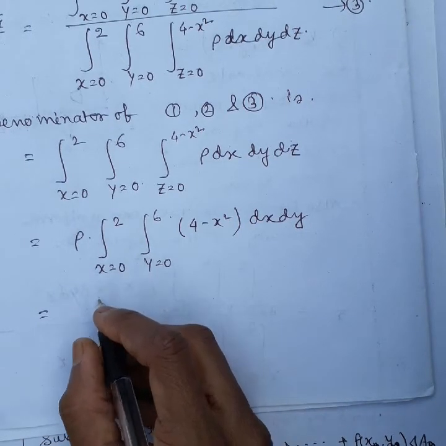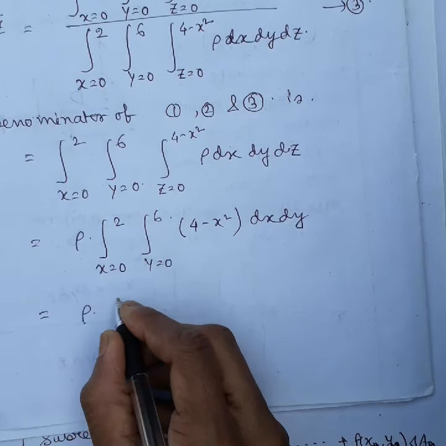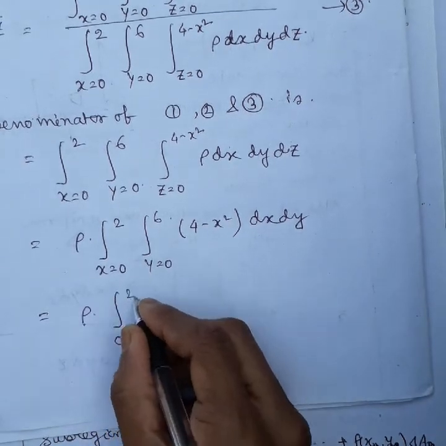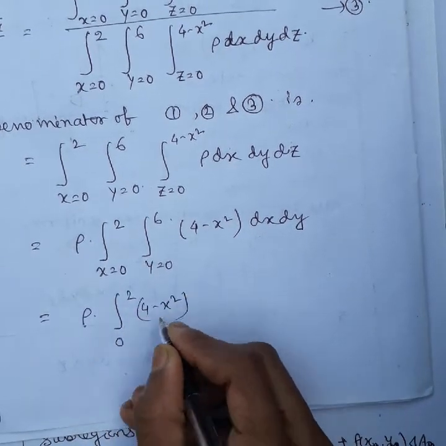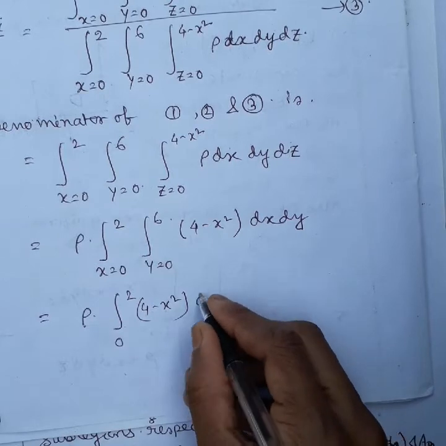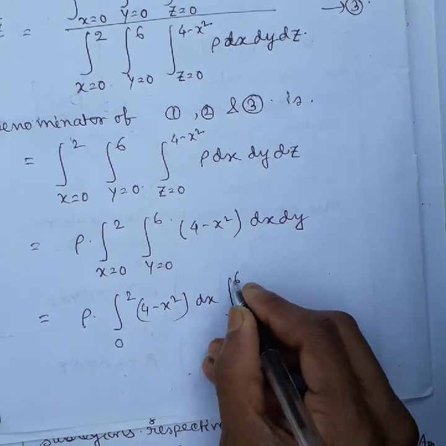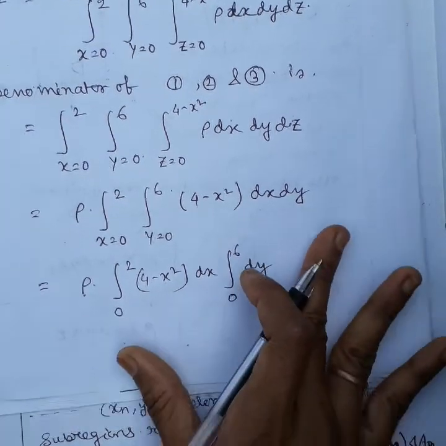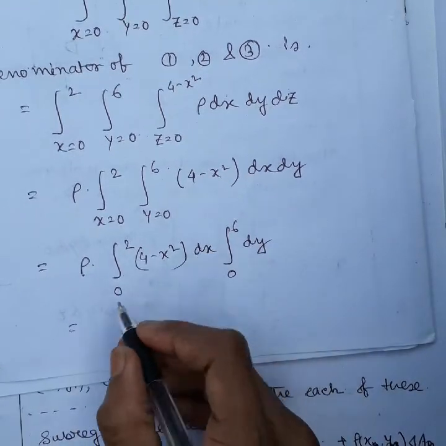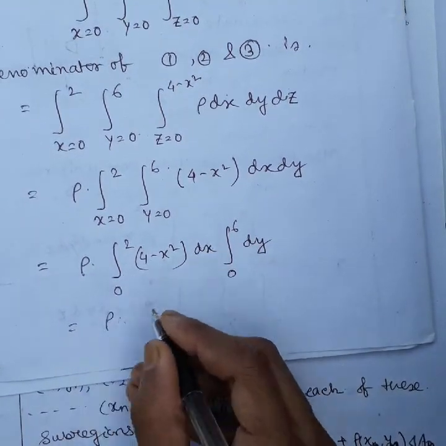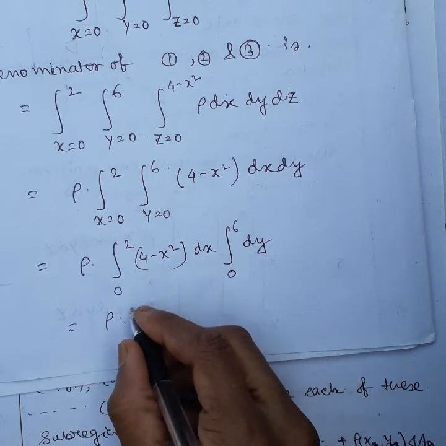So rho into the integration of 0 to 2 of 4 minus x square dx and the integration of 0 to 6 dy. They are different, so we integrate both.